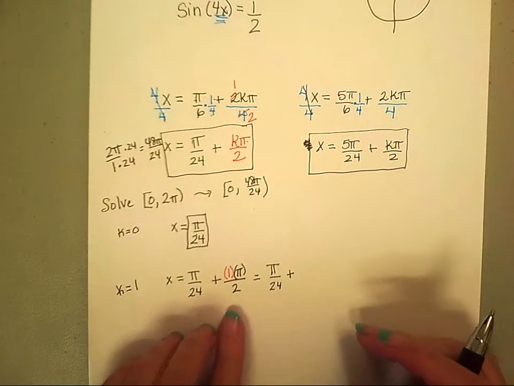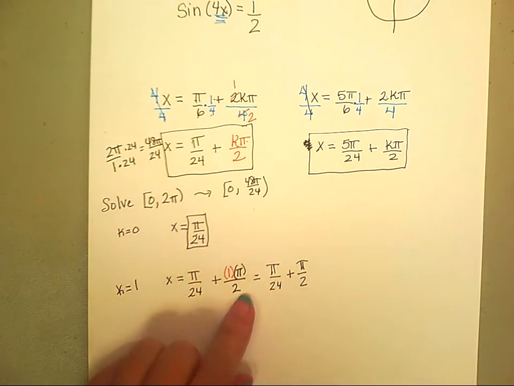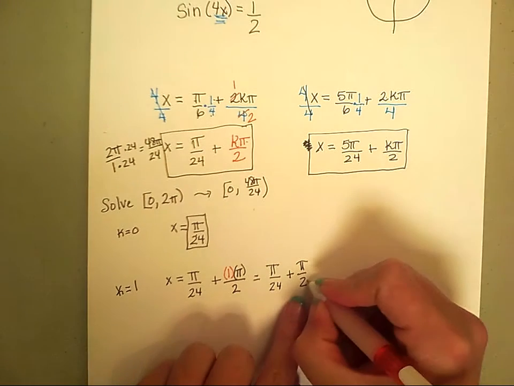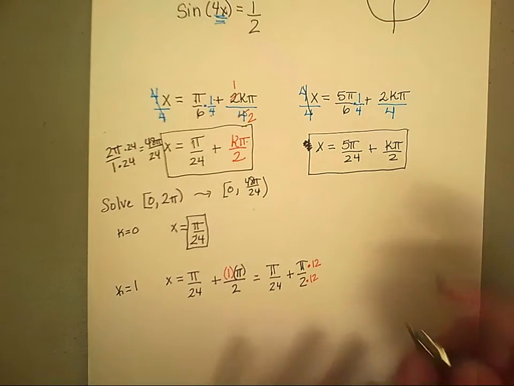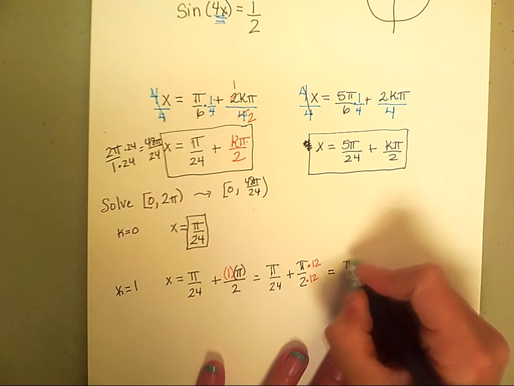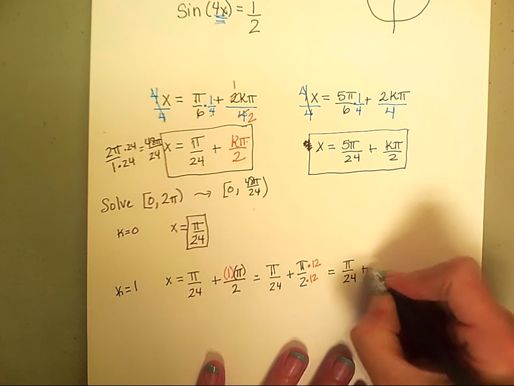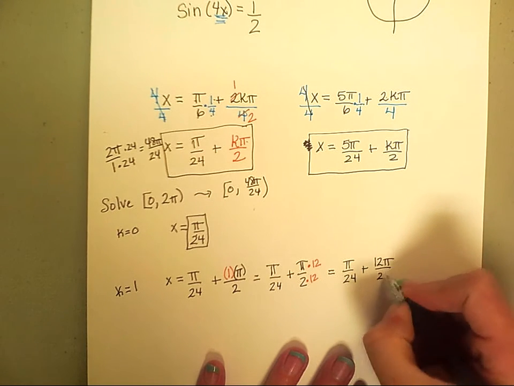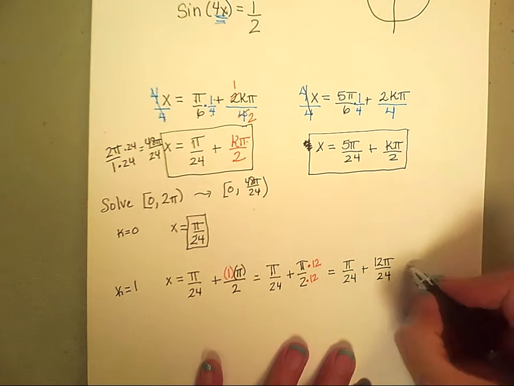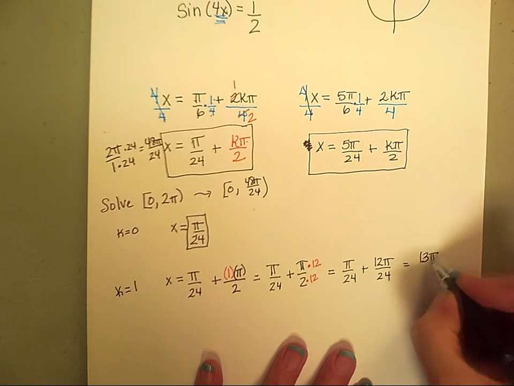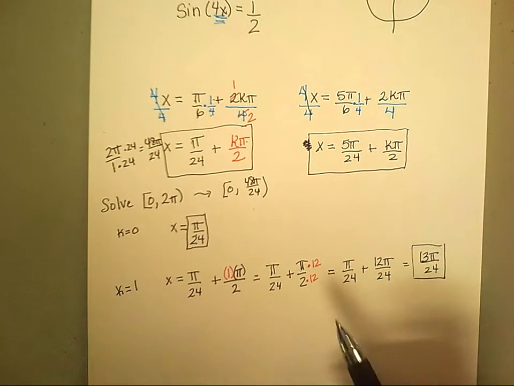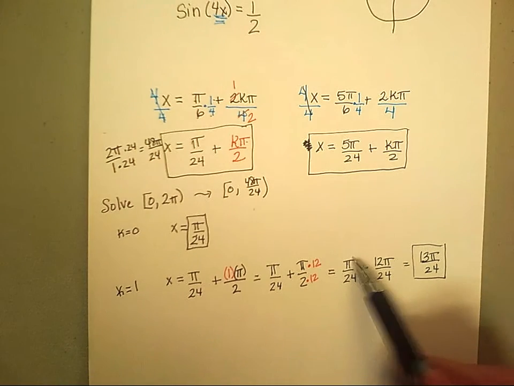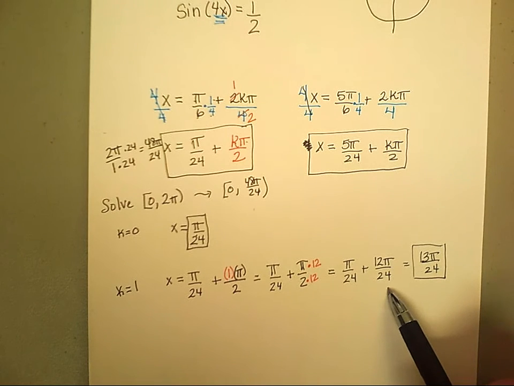This is just simple adding of fractions, but we need a common denominator, so we'll multiply by 12. And so we get π over 24 plus 12π over 24, and 1π plus 12π is 13π over 24. So we take our original and we add 12π's over 24.